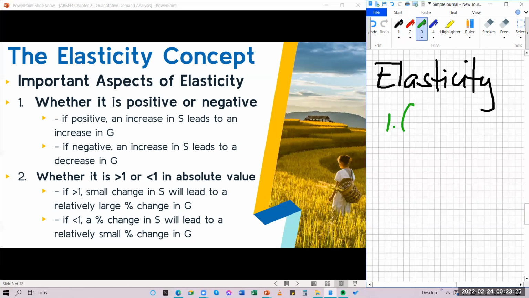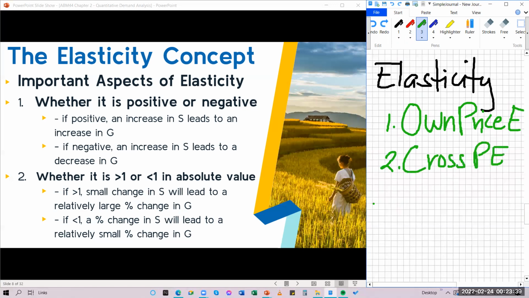We have first the own price elasticity. Second is the cross price elasticity. And the third one is our income elasticity. These are the types of elasticity and how we will be solving or measuring them.